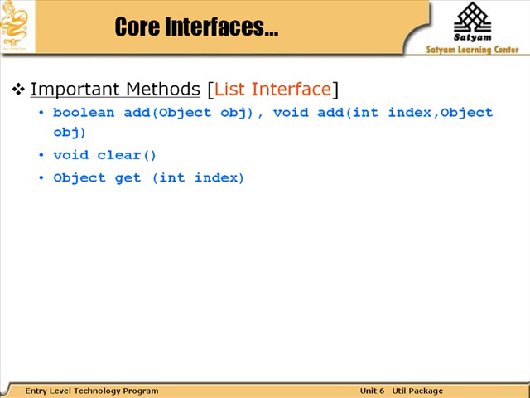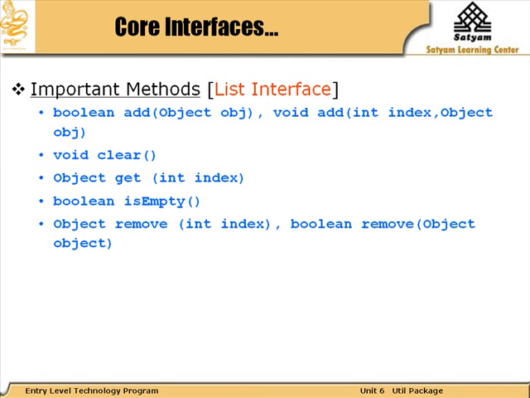Object get index returns an object at the specified index. isEmpty returns true if the list is empty or else returns false. Object remove index removes the object at the index position. Boolean remove object removes the first occurrence of the specified object in the list.